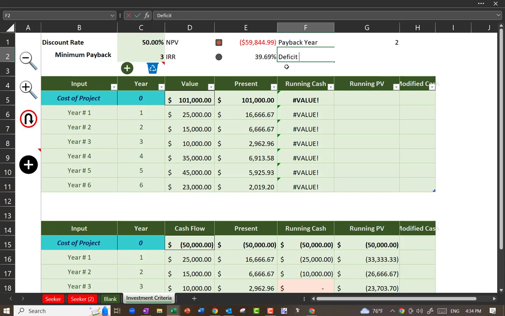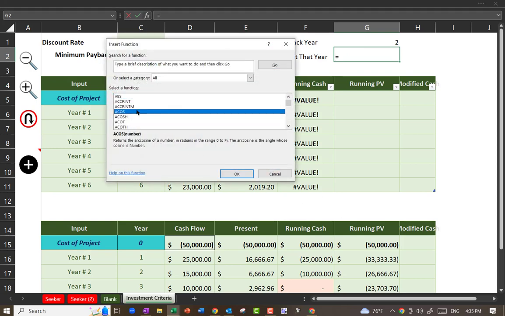There are multiple ways to do it, but the function OFFSET, again, let's use this one to make sure that you take a certain reference, in this case, running cash, okay?